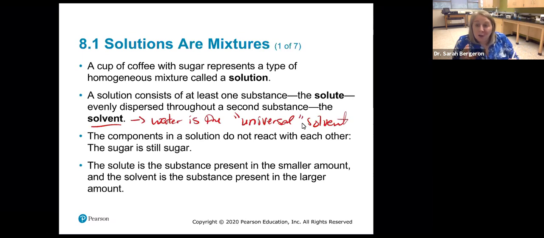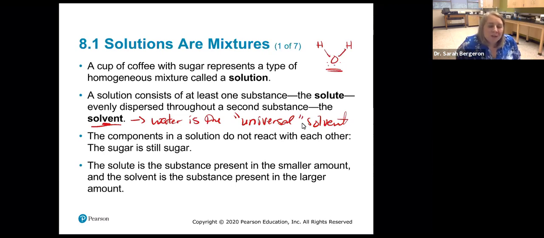And it's not always the solvent, but a lot of times it's the solvent. And the way I kind of remember that is if I draw a water molecule, right? It kind of looks like a V. So solvent, V, looks like a V. Solvent, water is usually your solvent. And so that'll kind of help you remember.